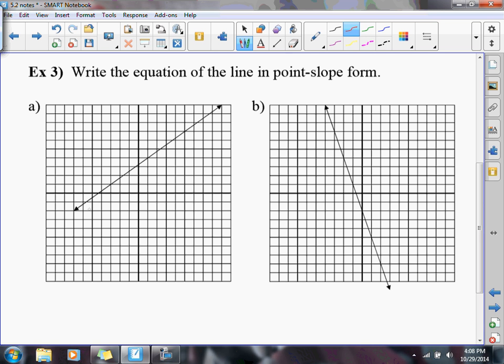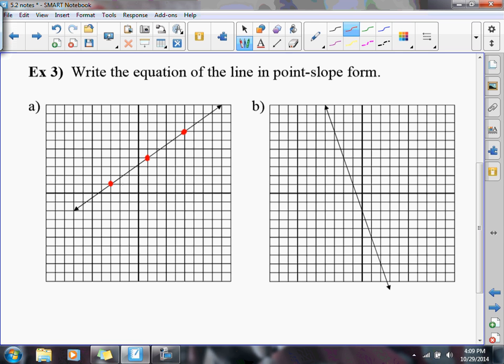So let's see, if I look at this graph and this line, I need a couple nice points. And again, by nice points, I mean where the graph grid and the line meet. So it looks like there's one right there, and maybe one right there. I could probably use this one as well. Okay, but I only need 2.